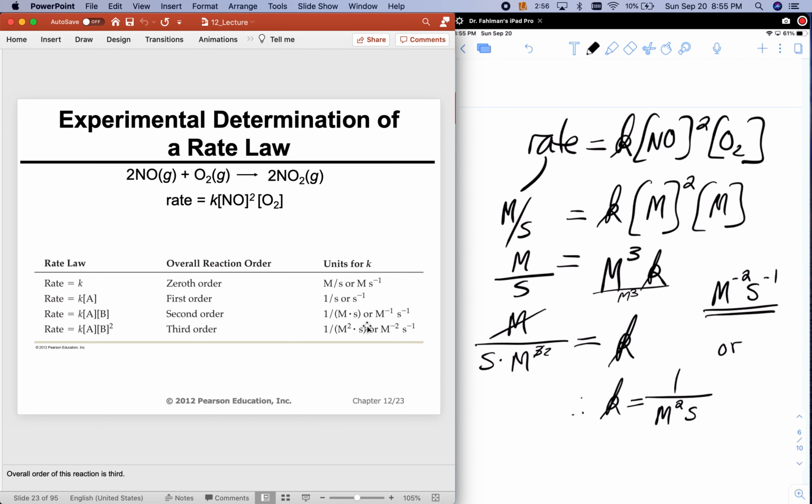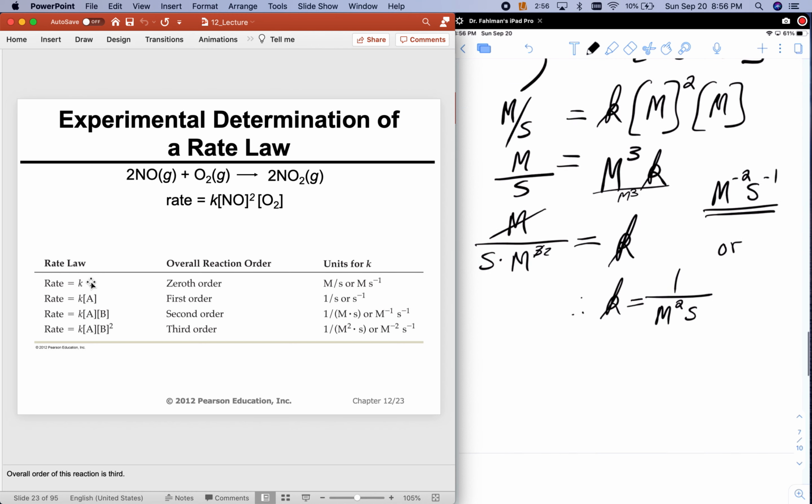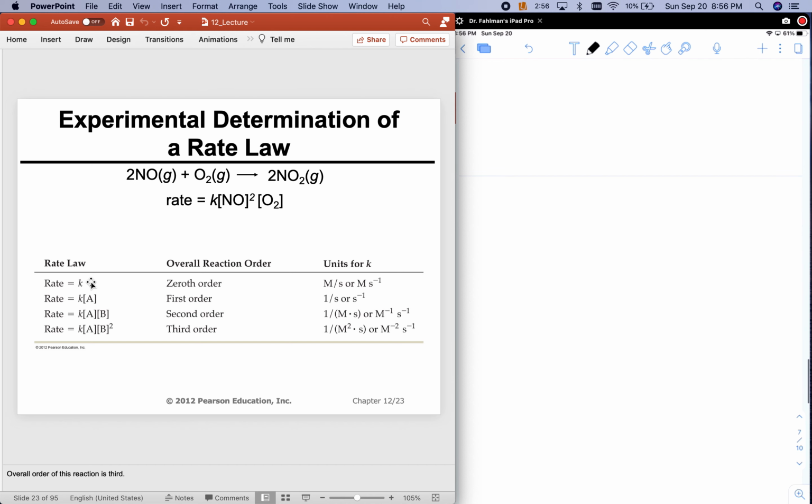These are the units for all the different orders. For a 0th order reaction, it doesn't depend on A at all. Let me show you how you would get that from data. Say we've got experiment 1 and 2, with the concentration of A and then the rate.